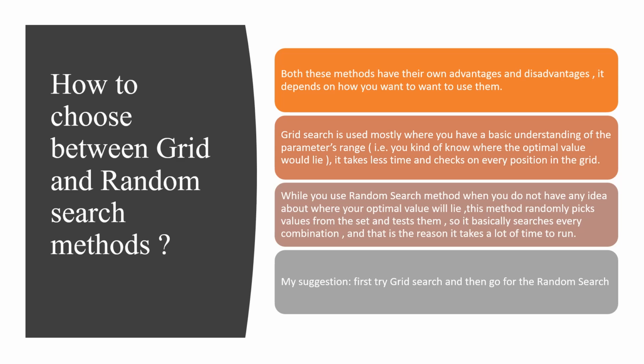As a result, it takes a very long time to run. So which one to use? My suggestion would be to first try grid search, because it takes less time, and then you go for random search.